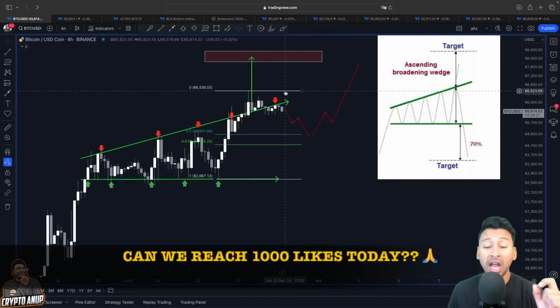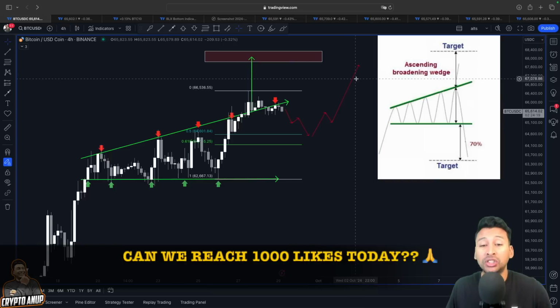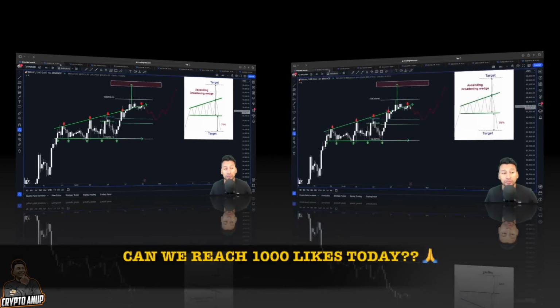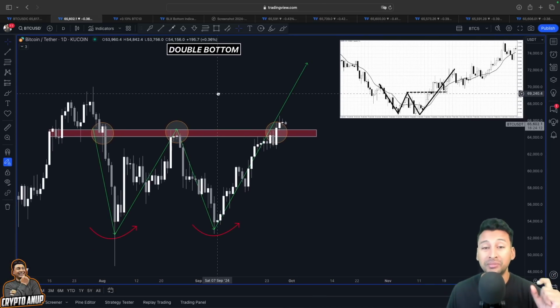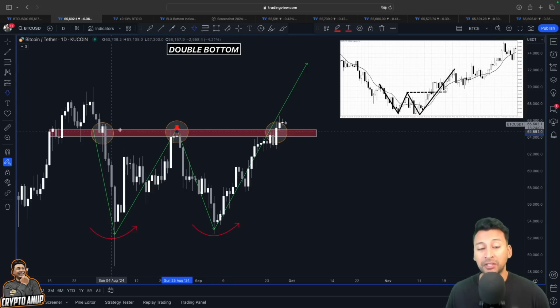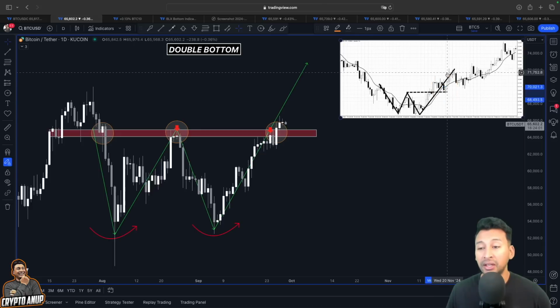And why are we expecting Bitcoin to show another continuation after some pullback? Because parallelly, you can see that could be a retest from this double bottom neckline. Yes, guys, this double bottom neckline rejected us in the past price action. This line got broken, and now this pullback could be just a temporary pullback, just like shown here in an example on the right hand side.